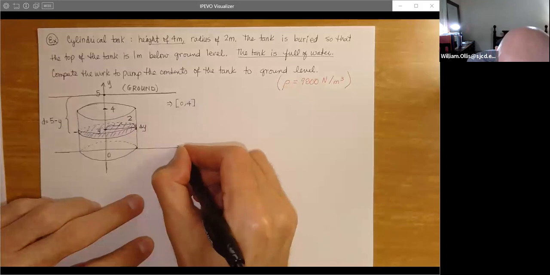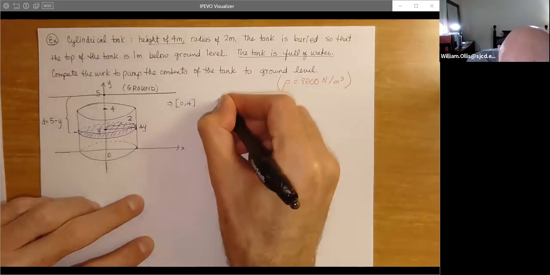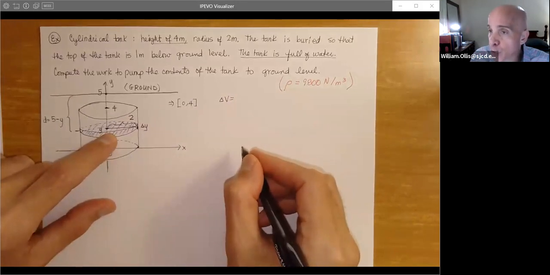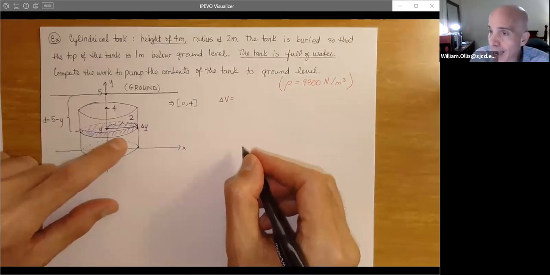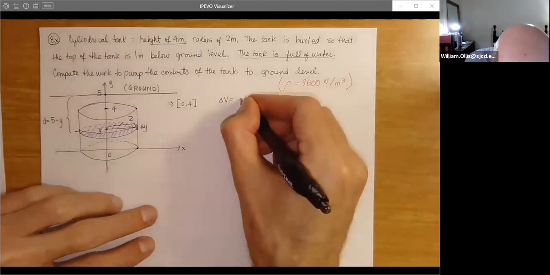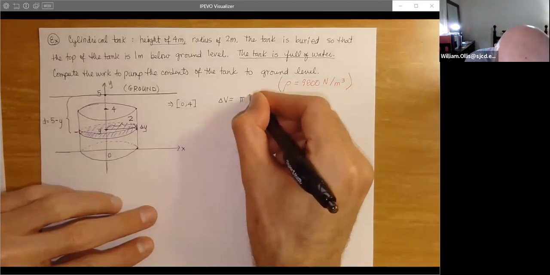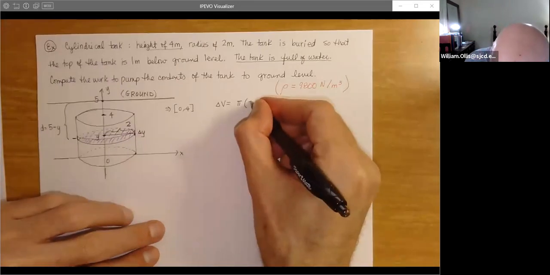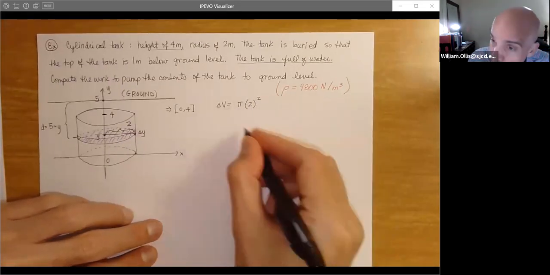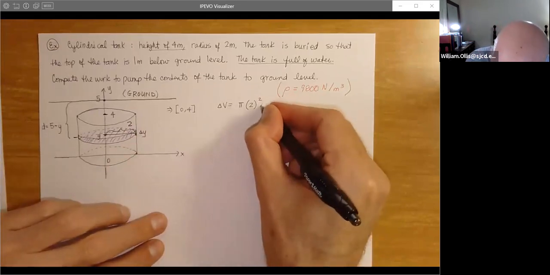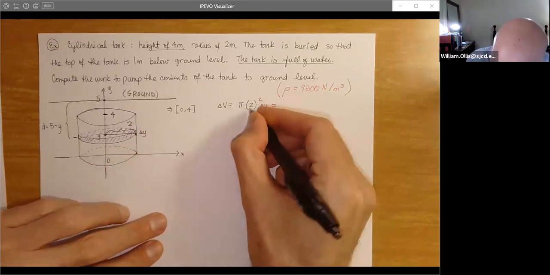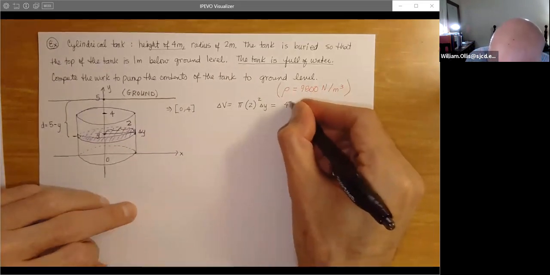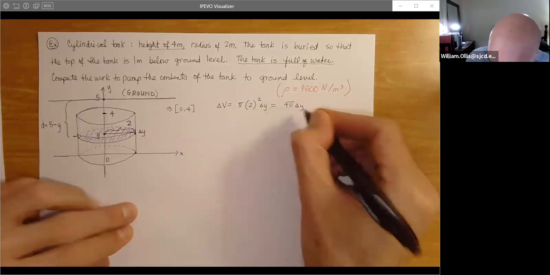I'll go ahead and mark off the x here. The volume will just be the area of the circle, of the disk, times the actual thickness. So we get pi r squared. Of course, the radius of the disk is 2, so pi r squared times delta y. 2 squared is 4, so this gives us 4 pi delta y.